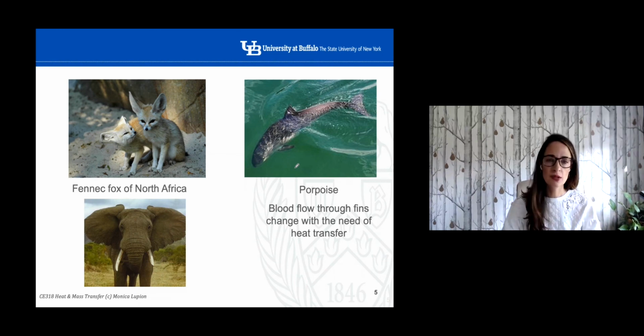Or if we take a look at the sea, there are different marine species that use a sophisticated circulatory system with a lot of different fins, through which they can flow blood to regulate the temperature of the body as well.